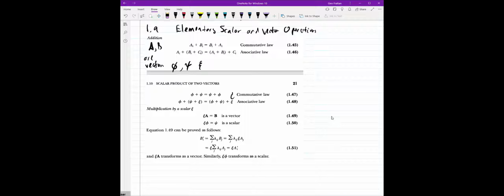Whatever this is, I'll call it squiggly. It's not squiggly, but whatever. So basically, the commutative law holds, the associative law holds. So a lot of our laws hold. For our addition, all of our laws hold.